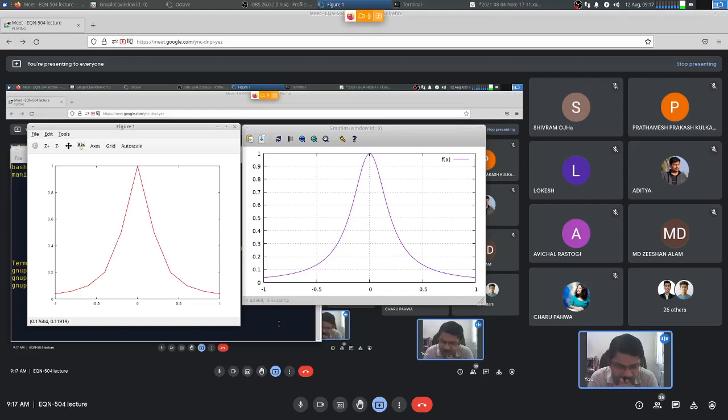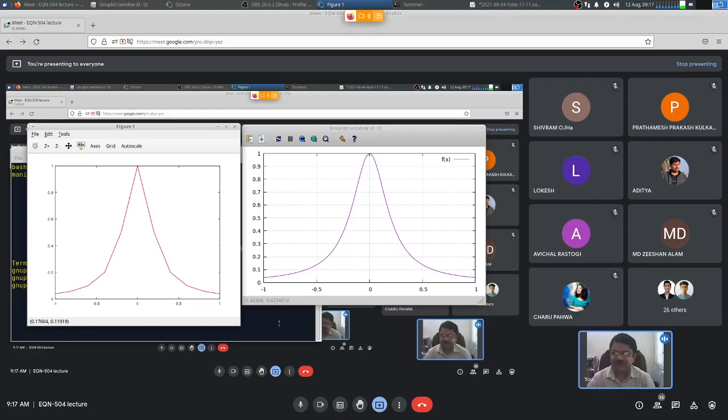one way would be to evaluate Lagrangian interpolation, or let's try to do that by using Newton polynomial.